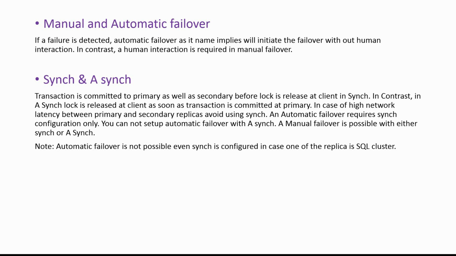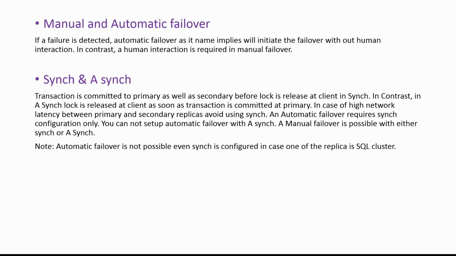Last is the sync and async terminology. Sync is basically when a transaction is committed to the primary as well as the secondary before a lock is released at the client. So think of it this way: if you are making an insert statement on a primary replica, that insert has to go to the secondary or secondaries, depending on how many secondaries you have, before the client releases the lock.